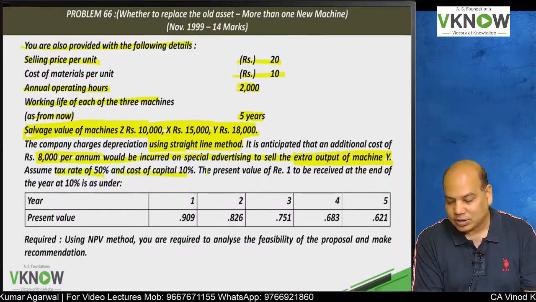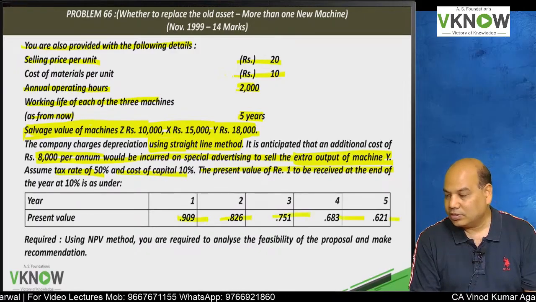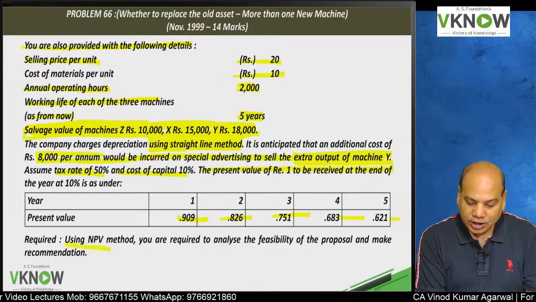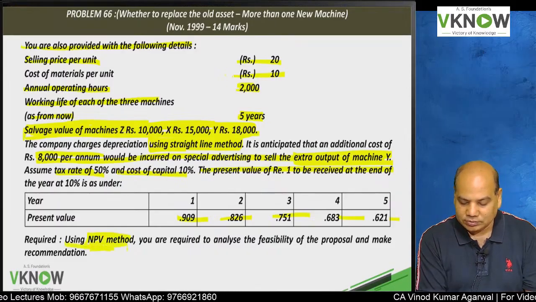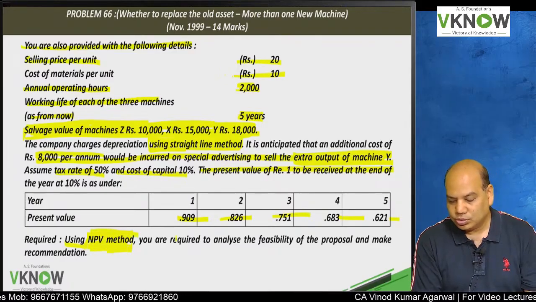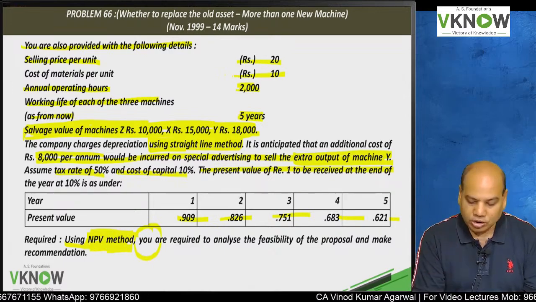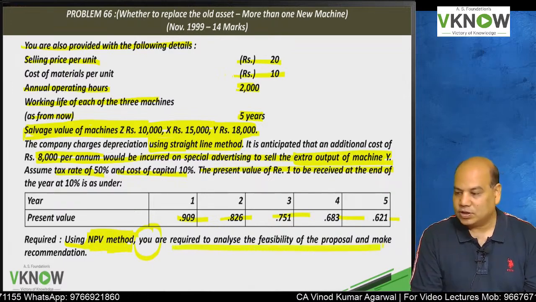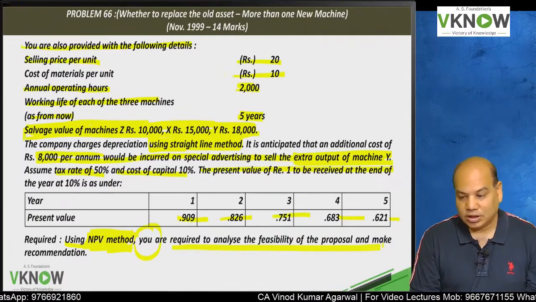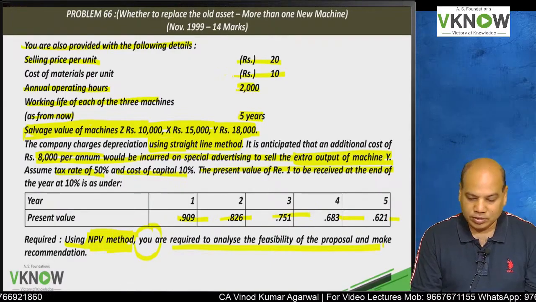Cost of capital 10%, PV factors given. If PV factors are given, preferably use them. Okay, using the NPV method. You are required, not me, to analyze the feasibility of the proposal and make a recommendation. It is a 14 mark question.